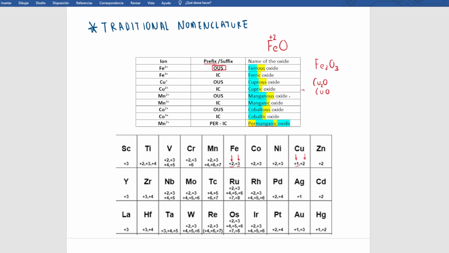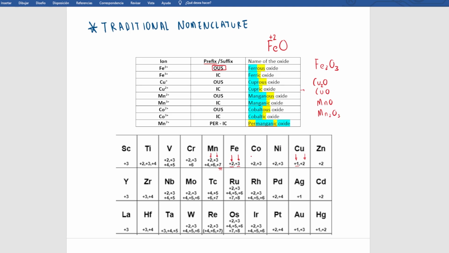In the case of manganese, we have also, look at this, 2, 3, but we have several oxidation states. So this is not following a pattern, because the higher should be +7. So let's see what happened after this. For 2+, we have manganous oxide. And for 3+, we have manganic oxide.